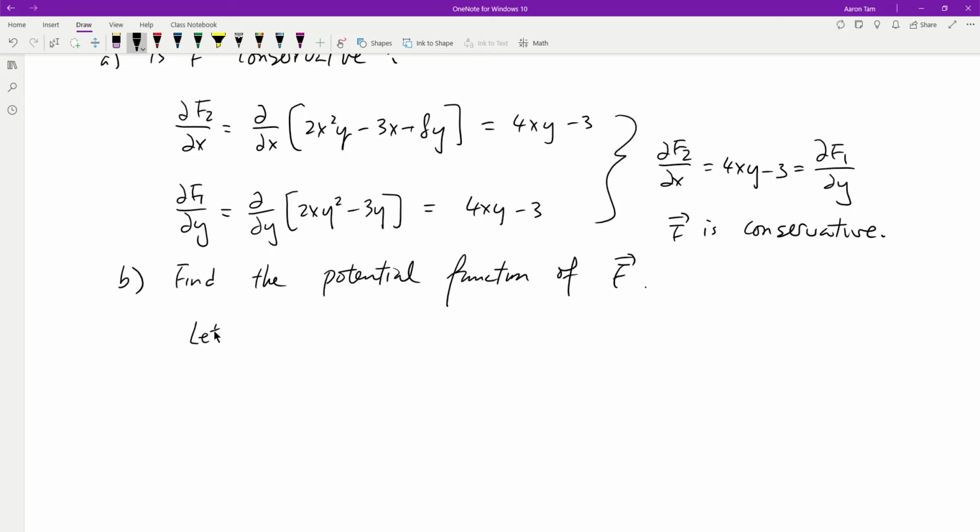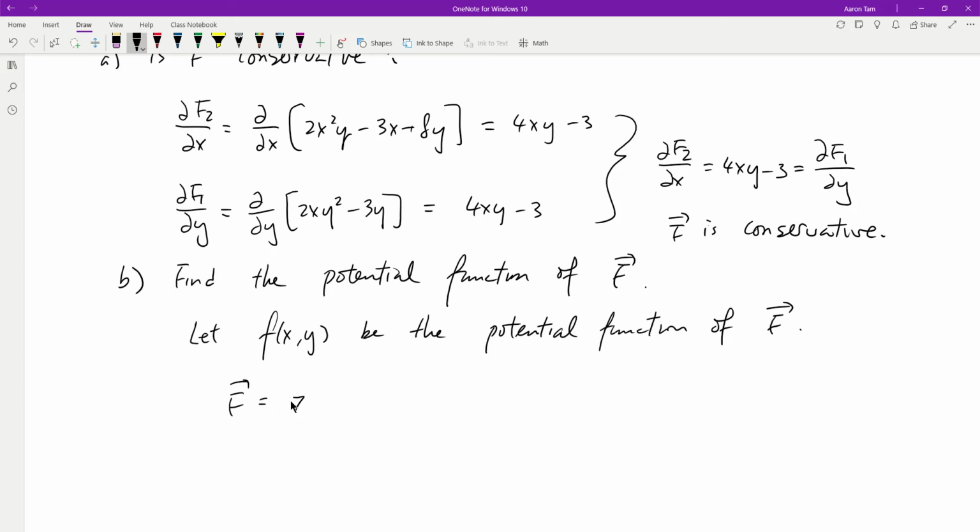Let's say we're going to let f of vector x, or f of xy, be the potential function of vector f. So that implies that vector f must equal the gradient of lowercase f.